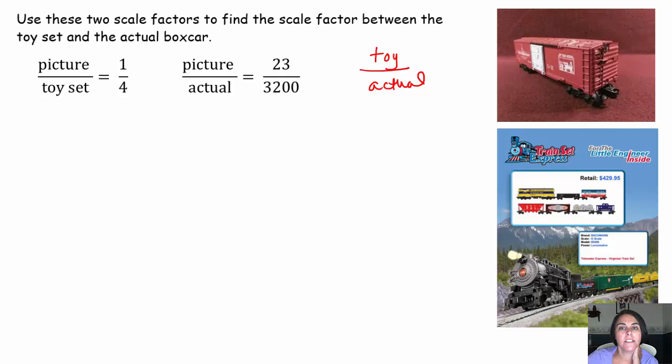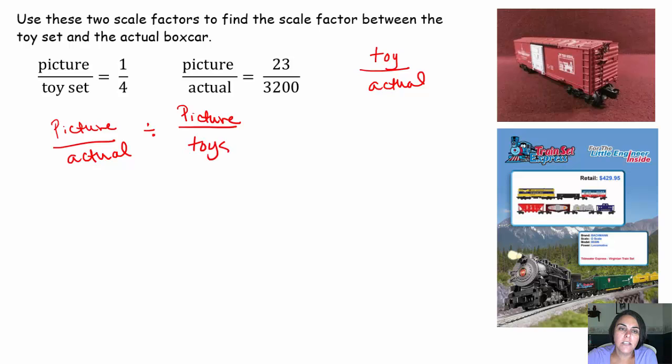Well, if I want the actual to end up in my denominator, I'm going to let that start in the denominator. So I'm going to do picture over actual. Then I'm going to divide that by picture over toy set. Because I know that if I then do skip, flip, multiply, drop, change, flip, toy set in the end will end up in the numerator where I want it.